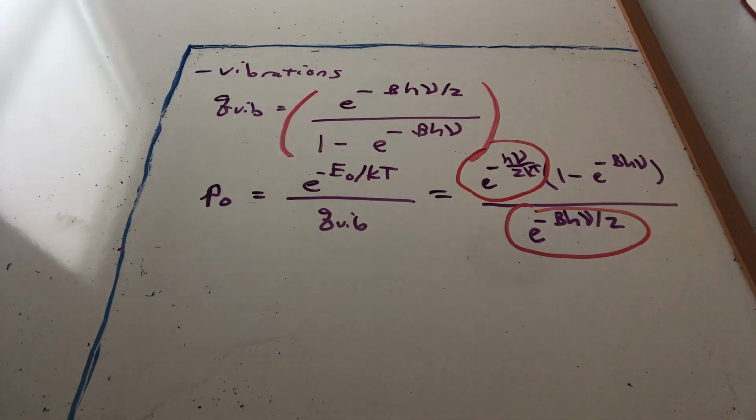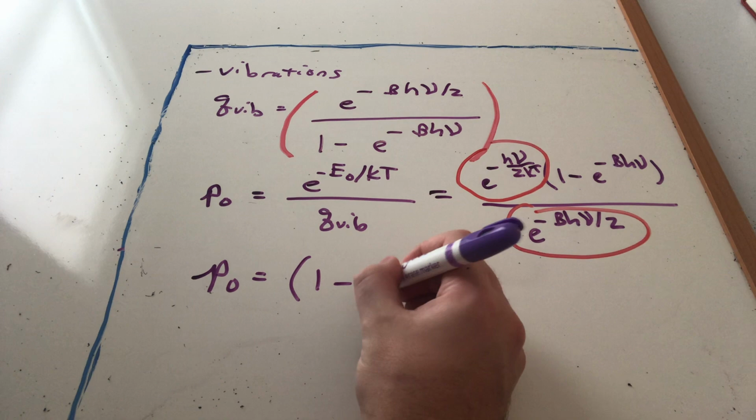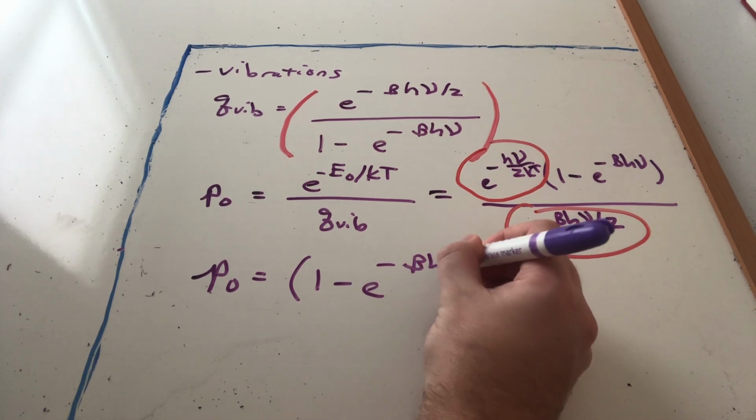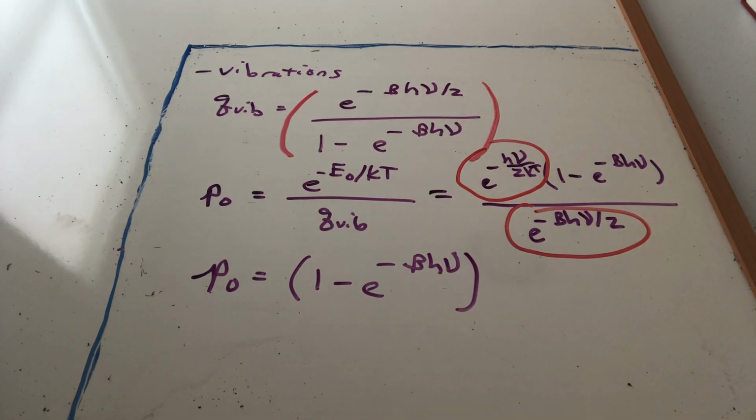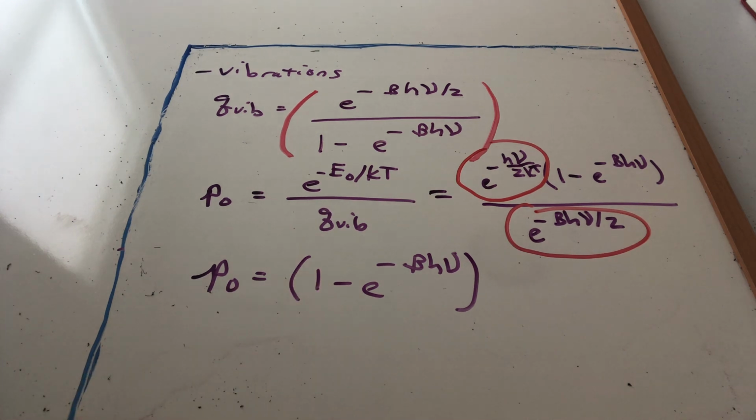This and this are actually the same. One's on the top of a fraction, the other's on the bottom. So P0 is simply 1 minus e to the minus beta h nu. That's the probability to be in the ground state under a harmonic oscillator approximation for vibrational energy levels.